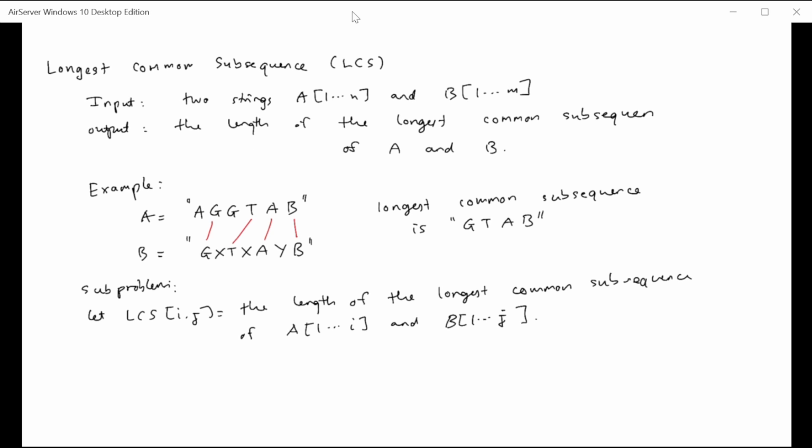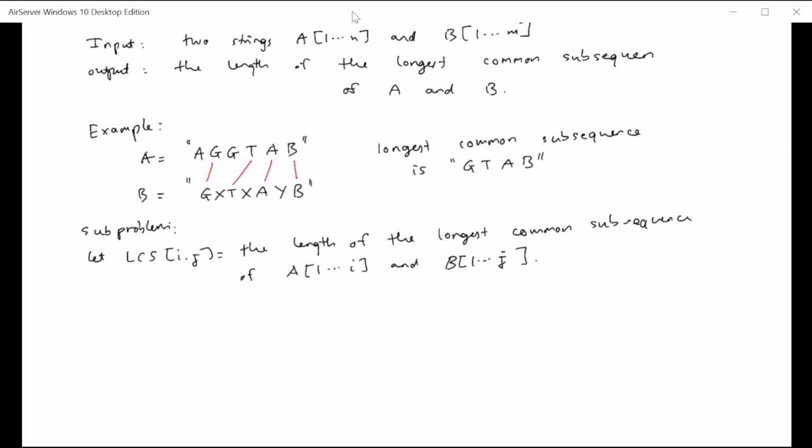Okay. So how do we compute LCS(i,j)? Let's handle the base cases first. We have the following.